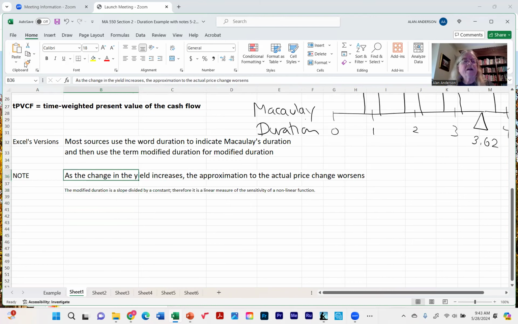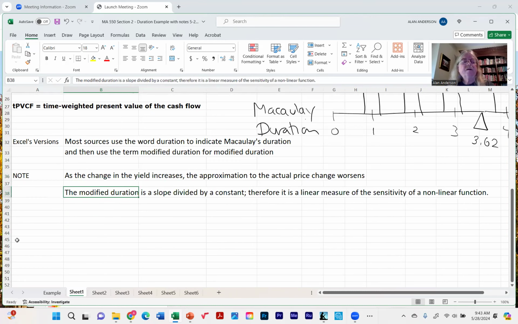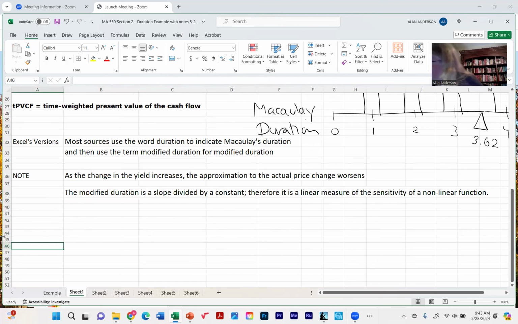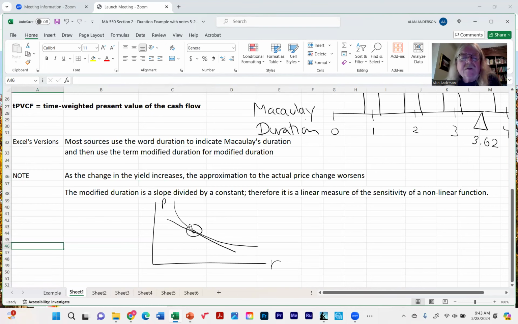Okay, so in other words, if you go back and revisit the price yield curve, basically, here's your slope. And so when you're in this immediate area, if the yield changes by a trivial amount, like it goes from, let's say, here to here, the line and the curve are almost identical to each other. The line is the predicted change by duration.